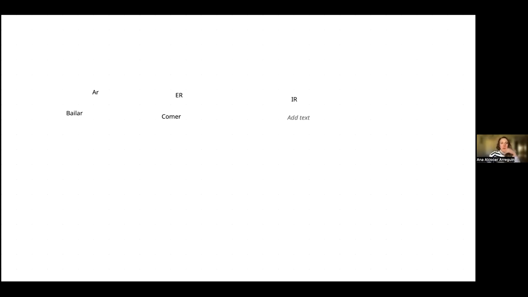What happens here is that to make a present progressive, you need the verb estar plus the progressive. To make the progressive, you're going to take out the endings, and then you add ando for AR verbs.